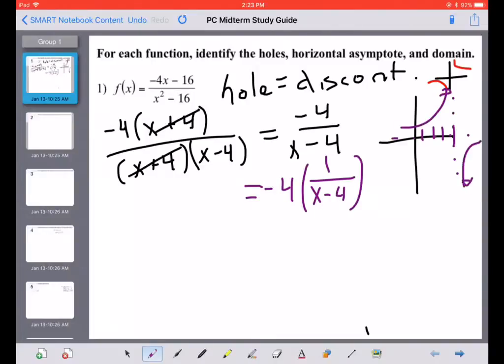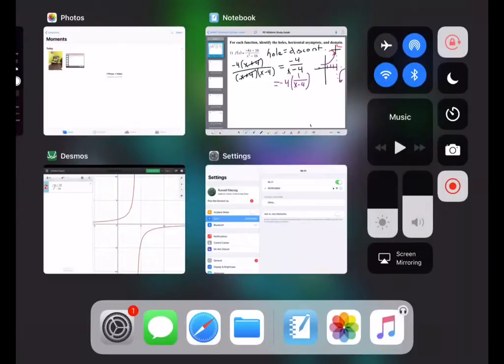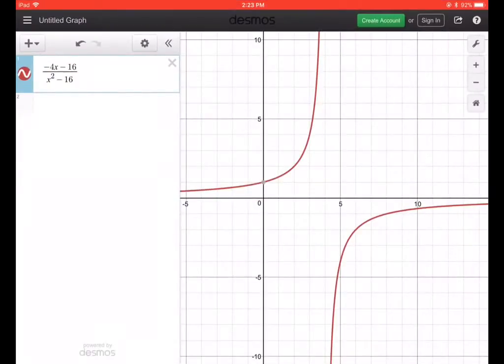And now we can check. I'm going to move over to Desmos so you don't have to look at a video of my graphing calculator. I already have the original function graphed here, and we can see our graph. We can see our vertical asymptote at x equals 4, so I'll graph that real quick as a dotted line.